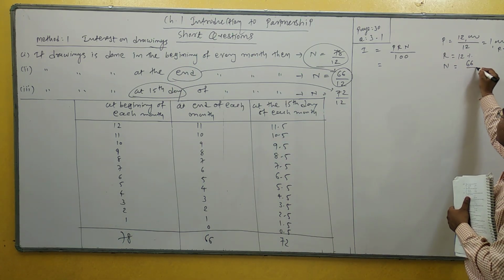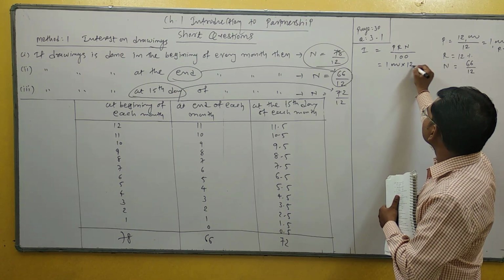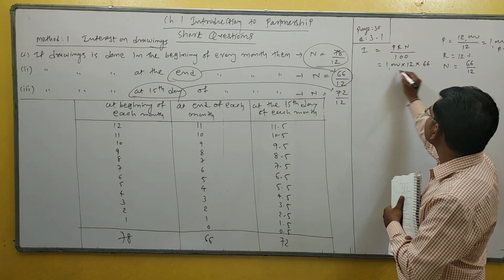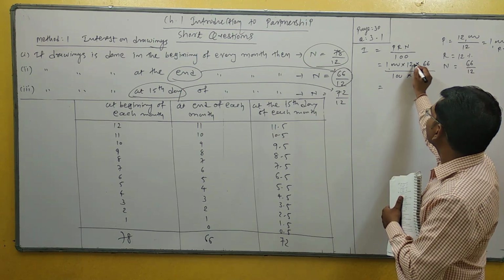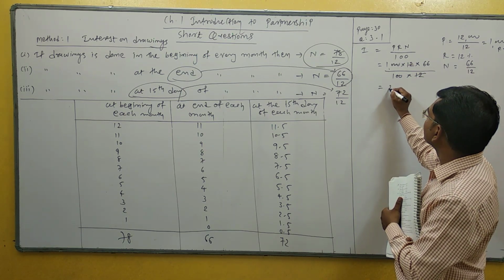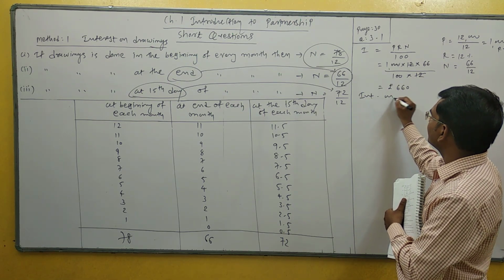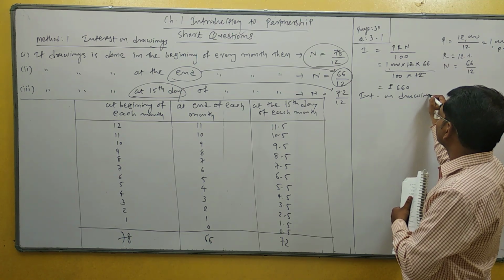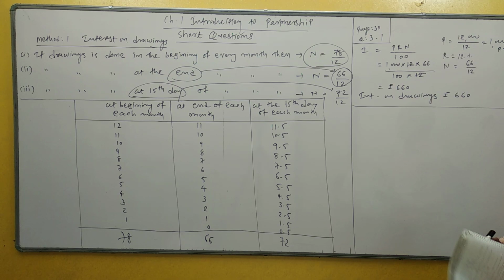So 66 by 12. So I is equal to 1000 into 12 into 66 divided by 100 into 12. 12 cancels, 100 cancels. So your answer is 660. So interest on drawing is rupees 660. Can you understand?